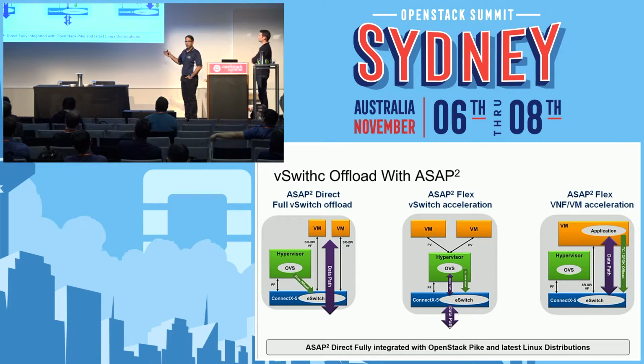It can also be a vRouter, and it can also be VPP in the future. So we can completely offload, what we call full virtual switch offload or ASAP² Direct. We can partially offload, which is called ASAP² Flex, and we can actually offload the application itself inside the VM. So there are multiple ways we can use this technology.